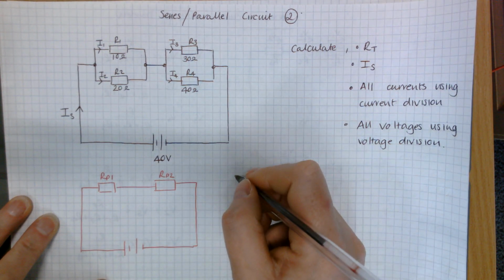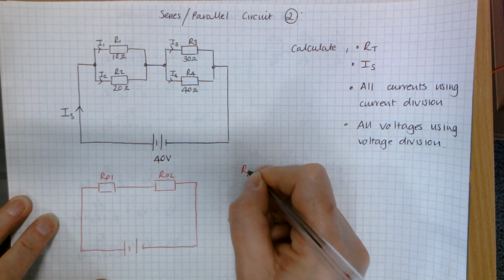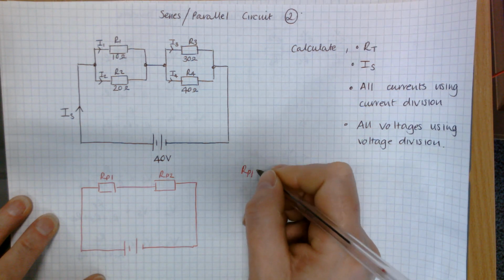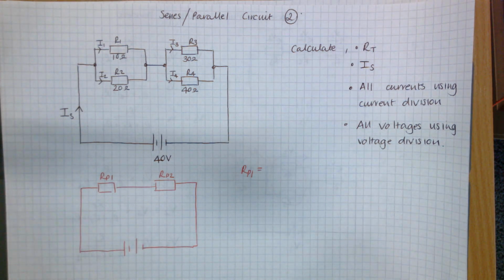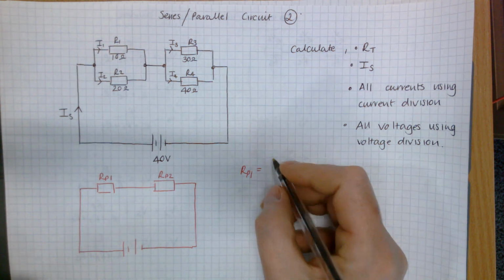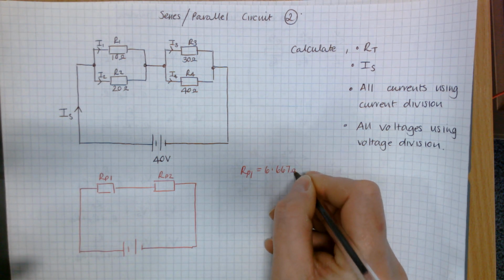So then using either of your methods for working out parallel resistors, whether you did the product over the sum or you did 1 over R1 plus 1 over R2 to get your RP1, your RP1 should be 6.667 to 4 significant figures.